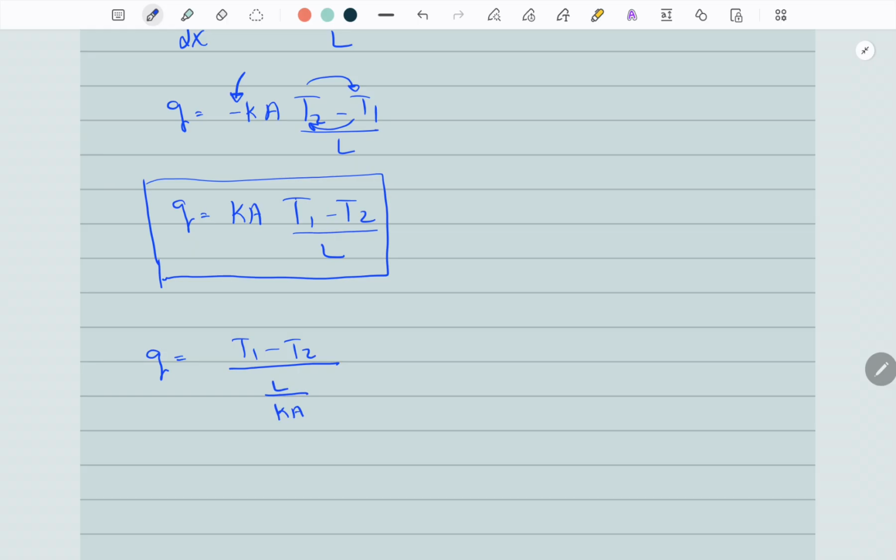The reason the book writes it like that is because it wants to compare it to Ohm's law, which is the change in voltage divided by resistance.